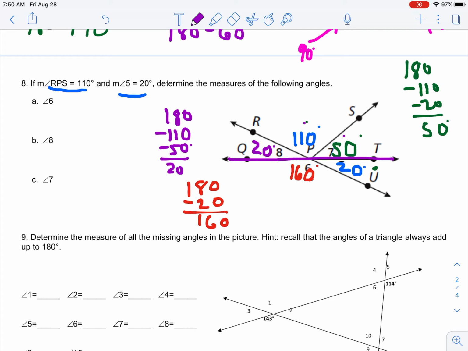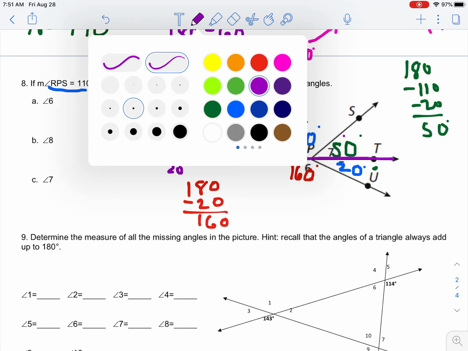So if you didn't see the vertical angles in this picture, which sometimes can get difficult to see, we can always use straight lines and block our picture. If there are two angles above or below the straight line, they have to add up to 180. If there's three angles above the straight line, it's got to add up to 180. Now we'll go back and we'll fill in the answers.